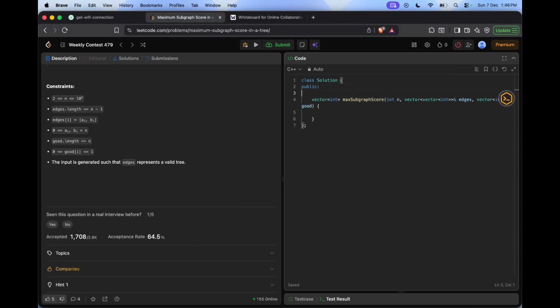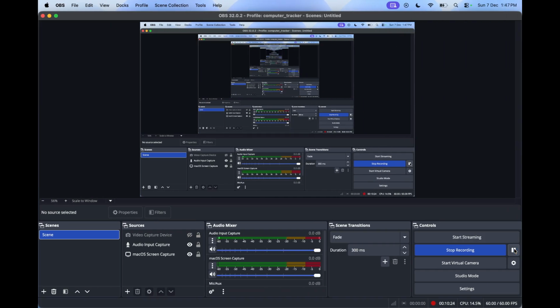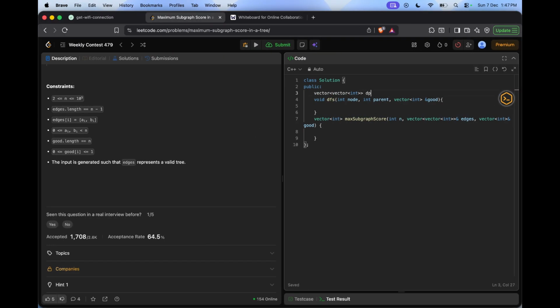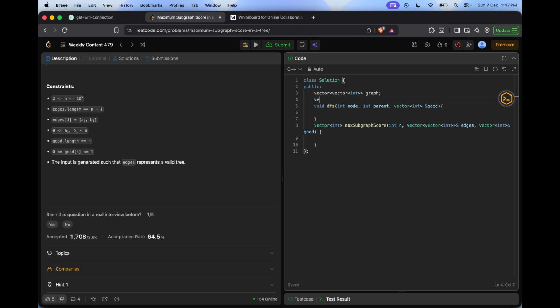So what did we need? We need two DFS. The first DFS takes node and parent, to calculate the DP values. We need an adjacency list, name it as graph.